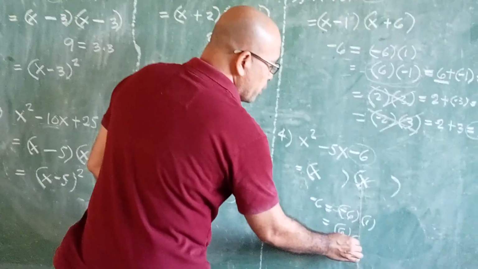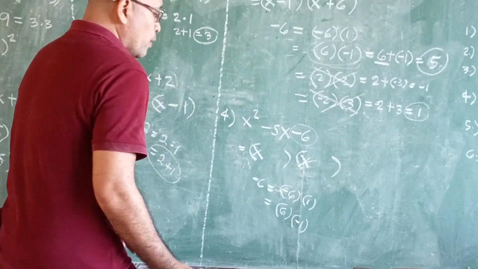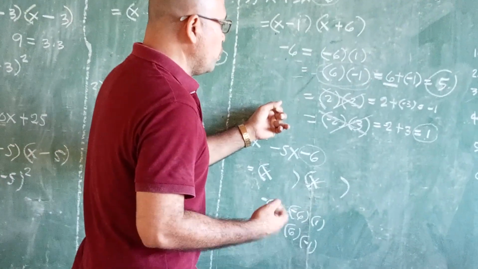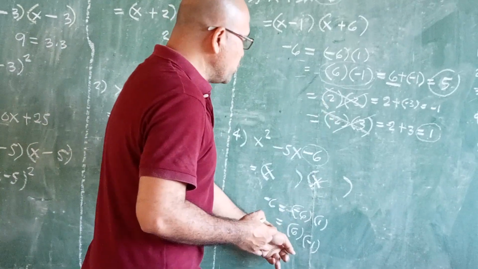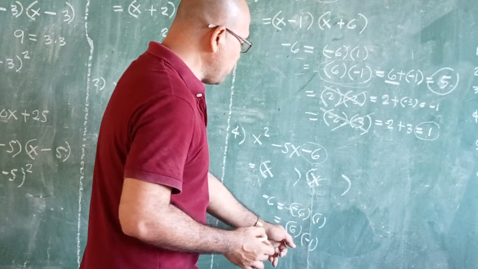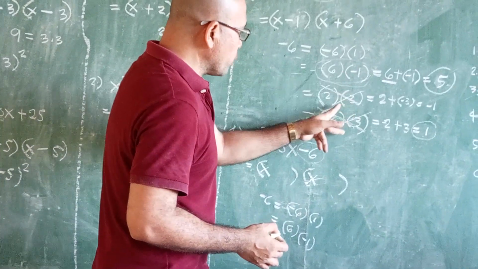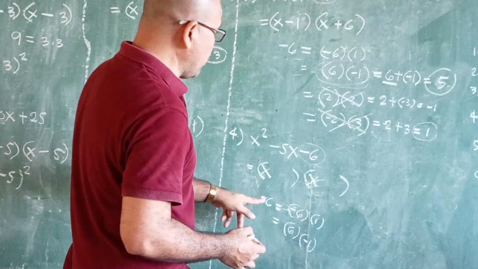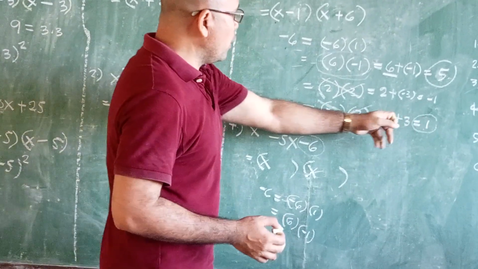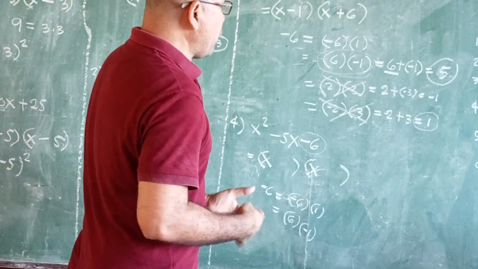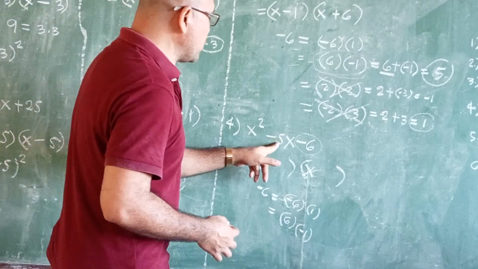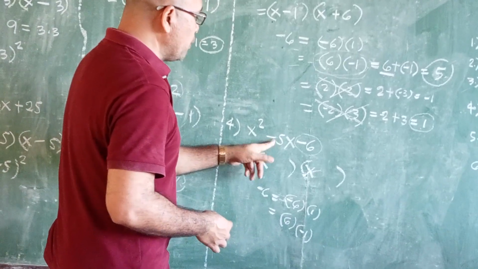Although you already have it, since you already have the idea here, you may not continue to present 2 and negative 3 and negative 2 and 3 as factors, because when you add these two different factors of negative 6, as you can see, the result is negative 1 and 1, and it is very far from the coefficient of the middle term, which is negative 5.